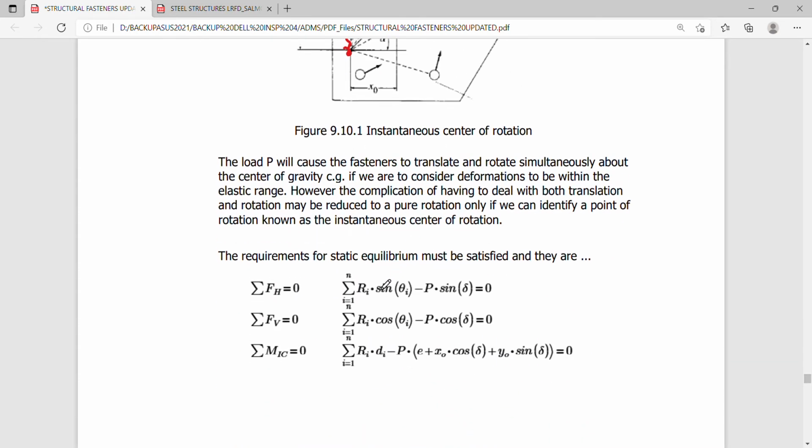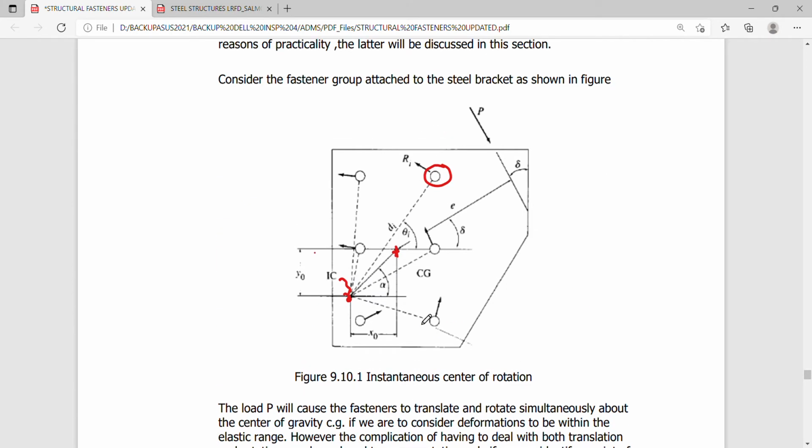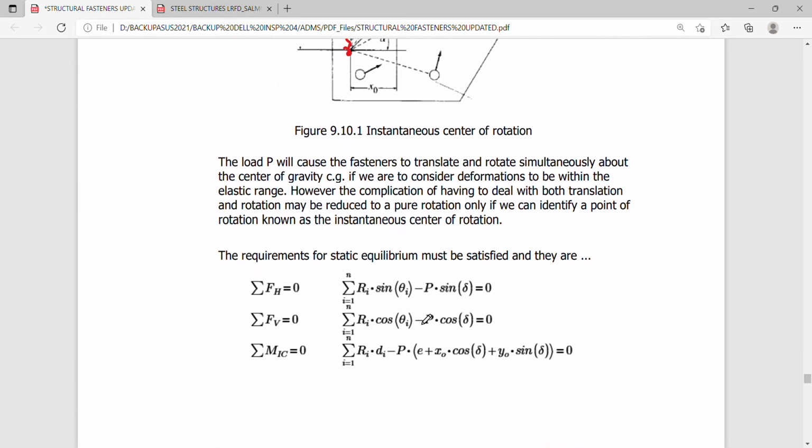So all horizontal components will be in terms of cosine, while that of the vertical component will be cosines, or vice versa. I think there's an error here.